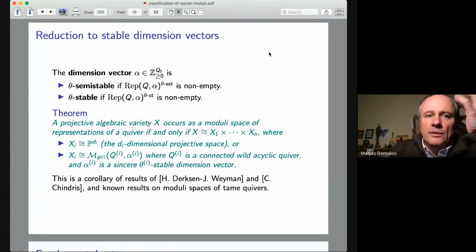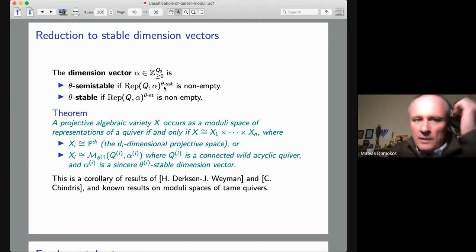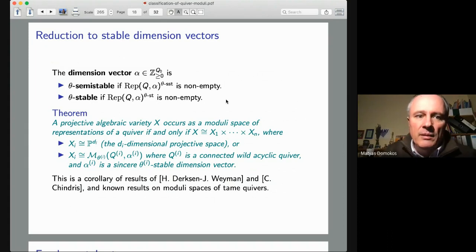And to study these questions, we can reduce to stable dimension vectors because of the following results. So first of all, we call a dimension vector alpha theta semi-stable if there exists a theta semi-stable representation of dimension vector alpha. And similarly, we call the dimension vector alpha theta stable if there exists a theta stable representation of dimension vector alpha.